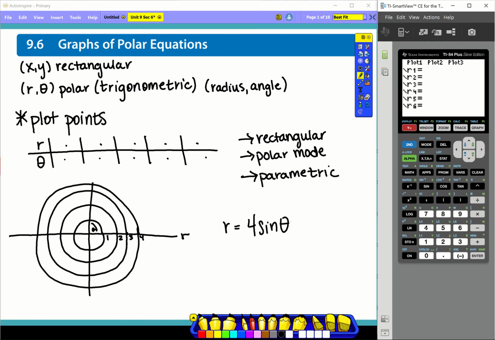Now we can put this in here, 4 sine of theta, graph, zoom. You're going to go to zoom square. Well, what about zoom standard? There it is. And if we want to have a look at it, we can do zoom fit, and it would fit that.